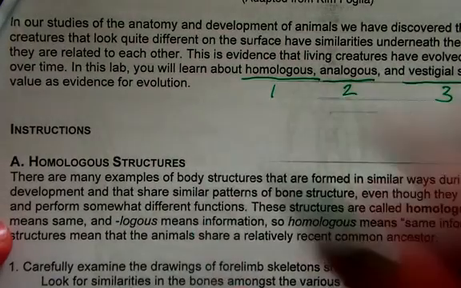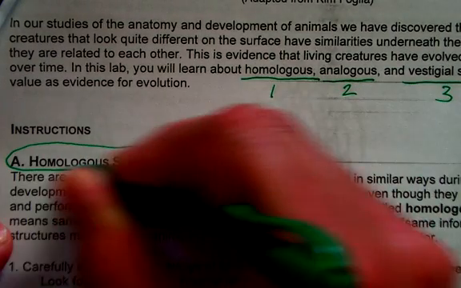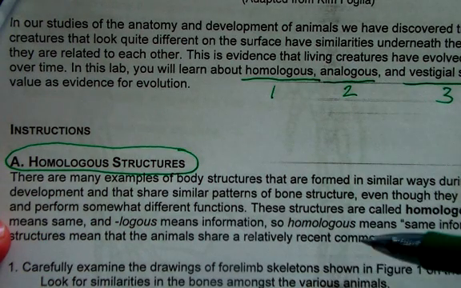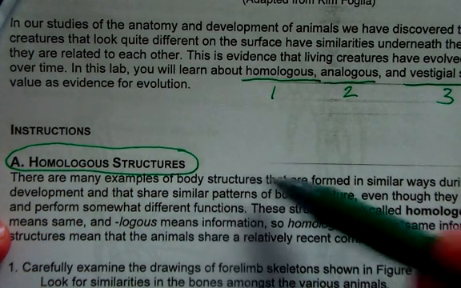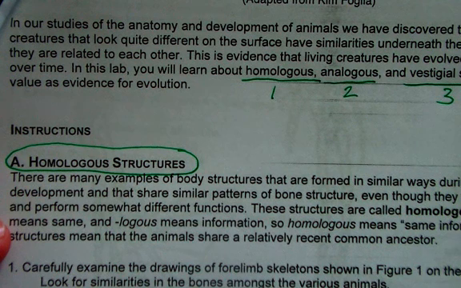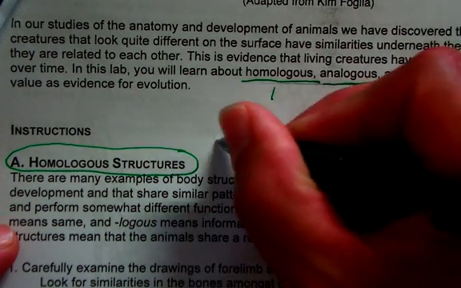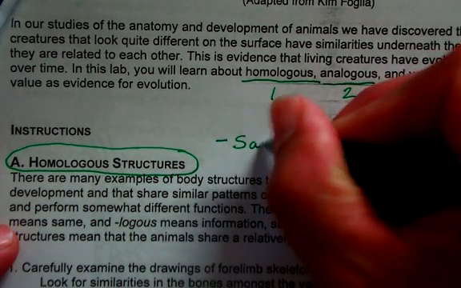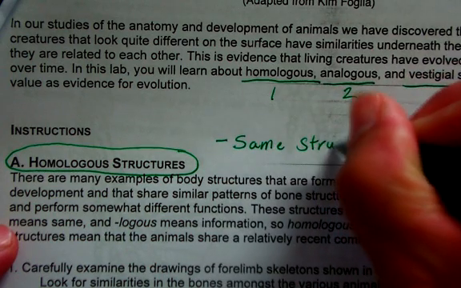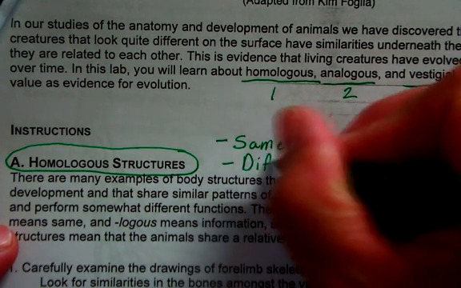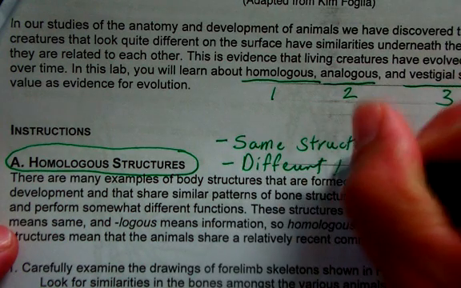Like I said, I do want you to read all the information that's below it, but I'm just going to write a definition up here and then show you some pictures as an example of homologous structures. Homologous structures are same structure but have different function.